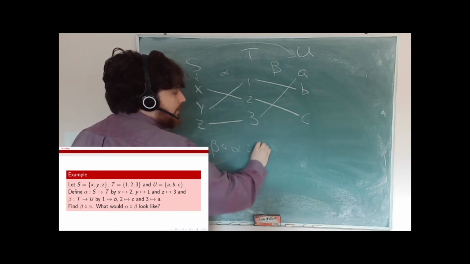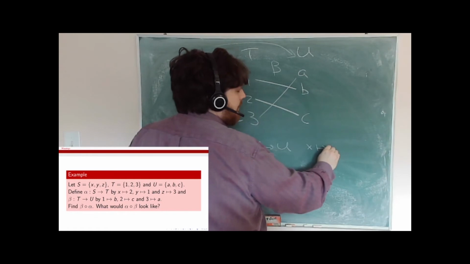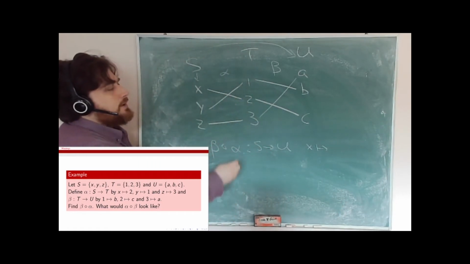And so what I'm going to get is beta of alpha is defined as a mapping from S to U, given by x is going to map to, well, let's determine where x goes.